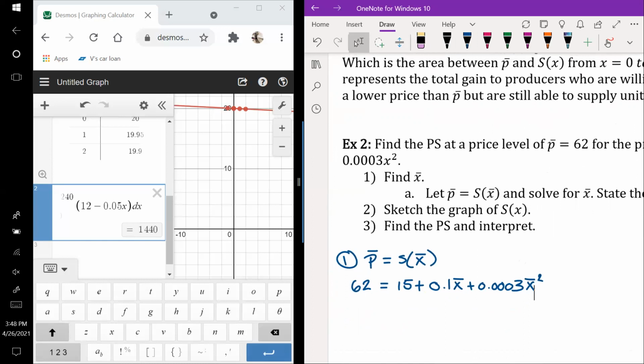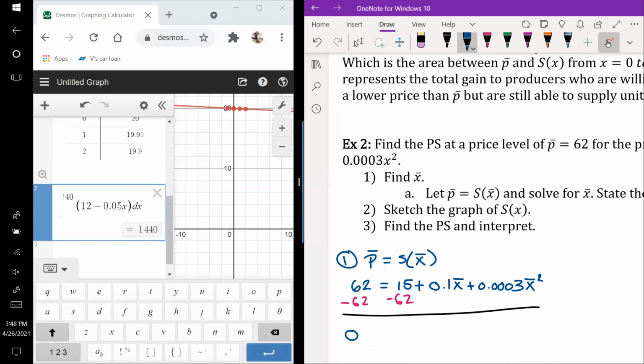What we're going to do is move 62 over, so you're going to subtract it. It's only going to combine with the 15, so I guess I could write that in here. We'll say minus 62, minus 62. And I'm going to rewrite everything.